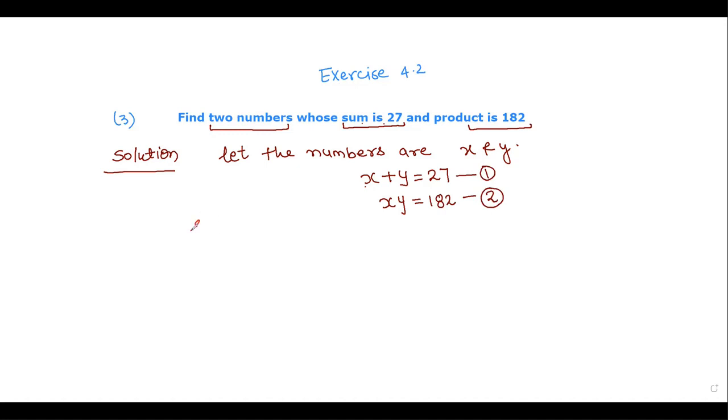So now what we can do in step number 1, we can find the value of y from equation 1. So from equation 1, we can write y equal to 27 minus x. So let's say this is equation 3.